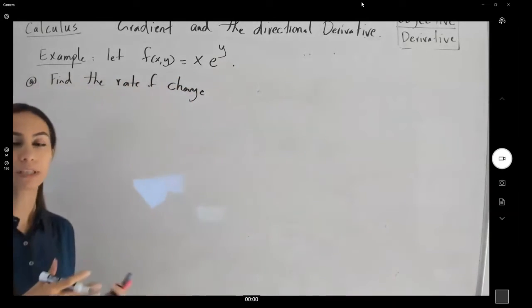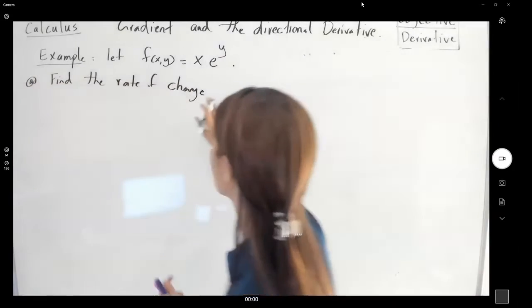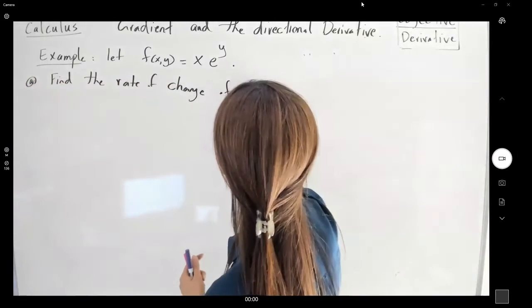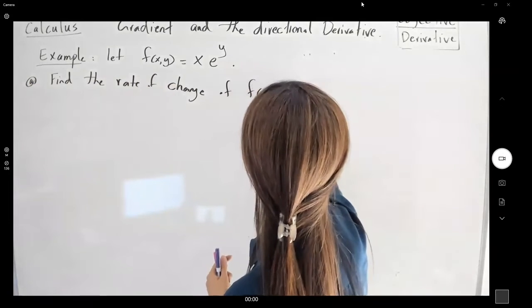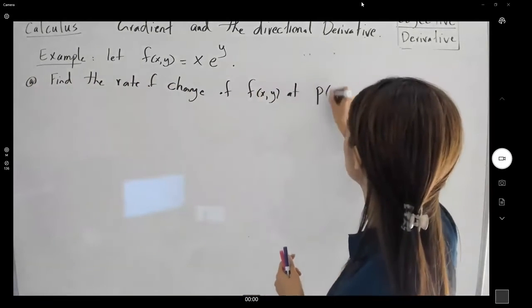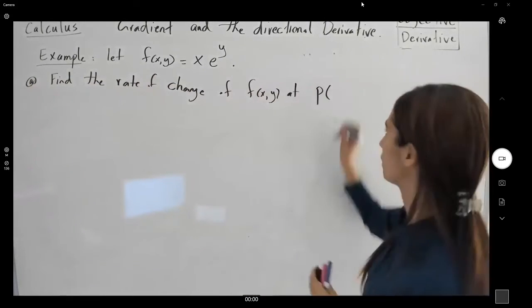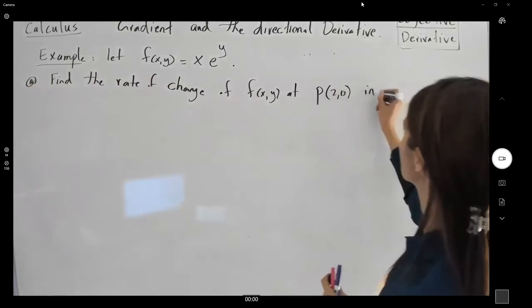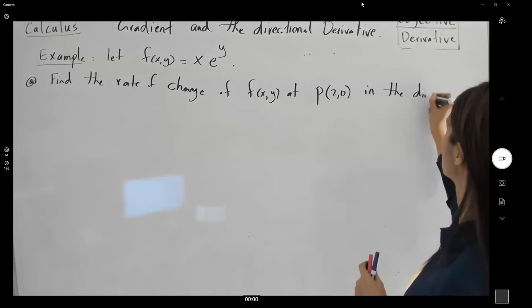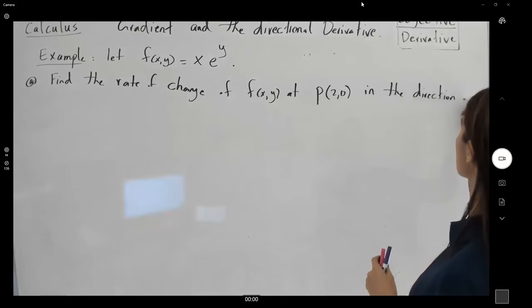How fast it is increasing, decreasing, the rate of change of the function at the point P. The point is (2, 3) in the direction of what?